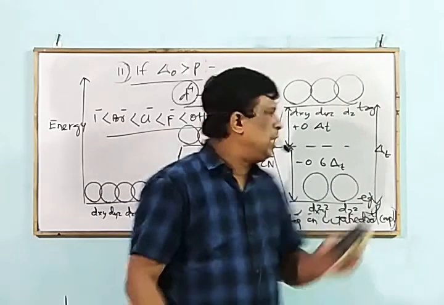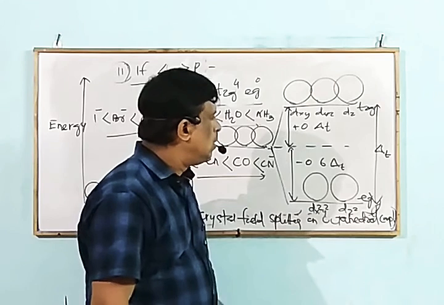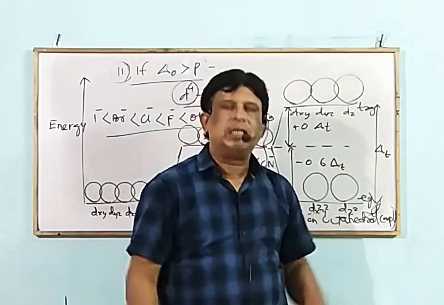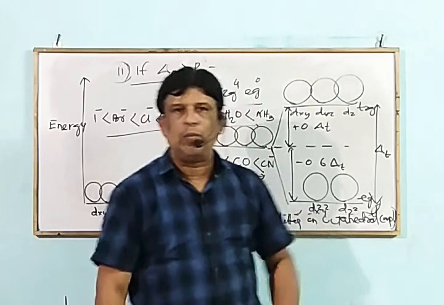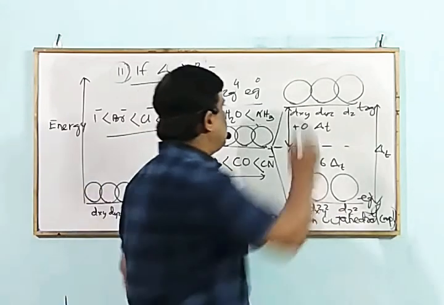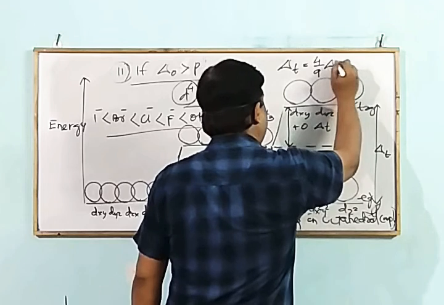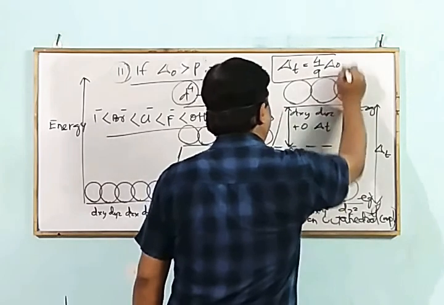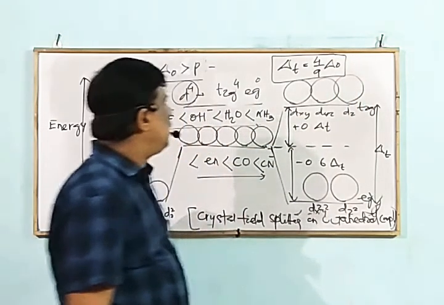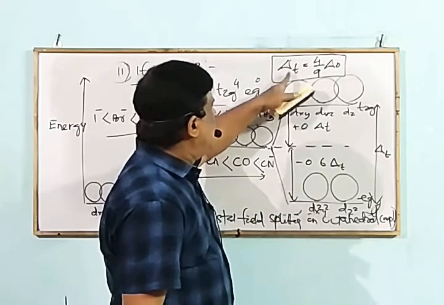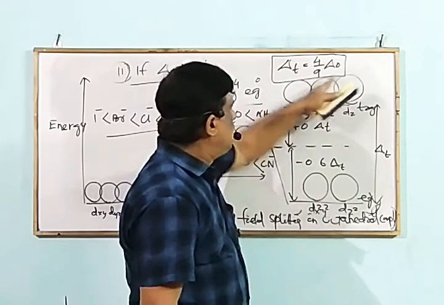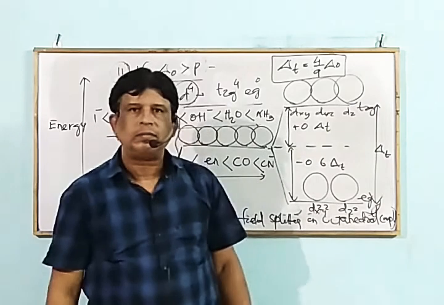The most important thing from this discussion is that the crystal field splitting energies of tetrahedral and octahedral complexes are related as ΔT is equal to 4 by 9 ΔO. Mark that, a very very important relation. That is ΔT is equal to 4 by 9 ΔO.